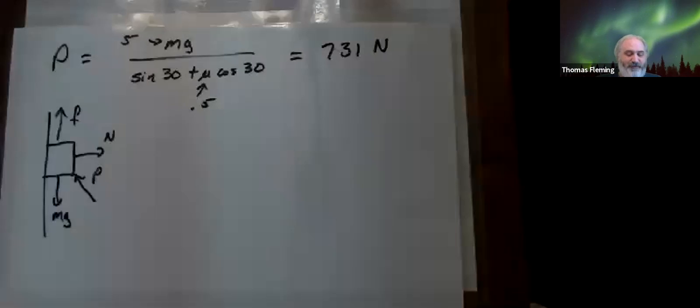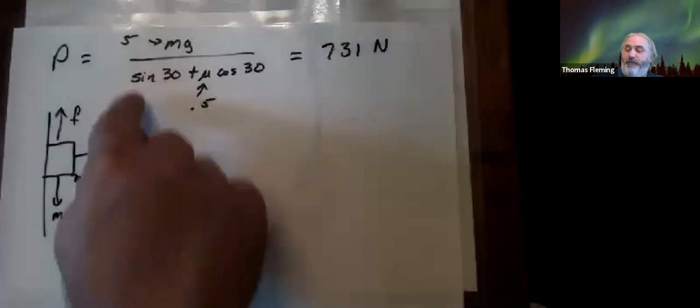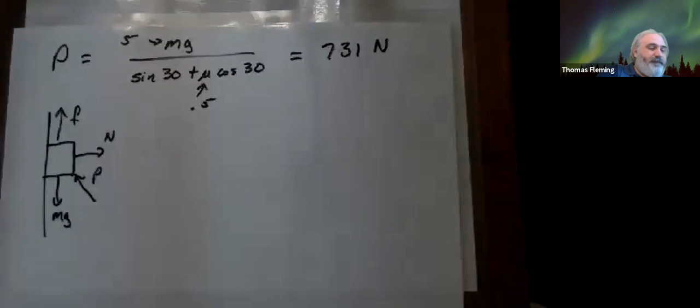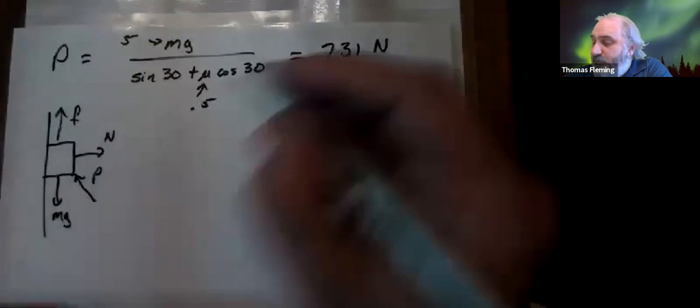Because now it's going to be the sine of 30 plus 0.5 times cosine of 30. So the denominator is going to be bigger now, 0.933. So 49 divided by that is about 52.5.